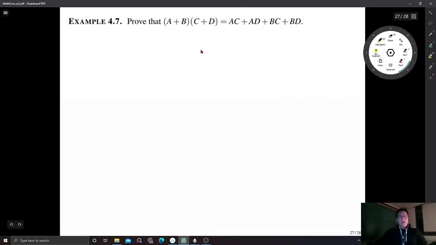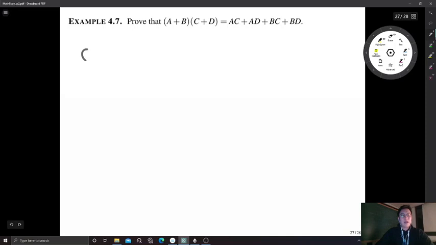Finally, we have one exercise here, a proof question. Prove that A plus B times C plus D is this expression. This is just a repeated application of the distributive law. So how do you prove this?